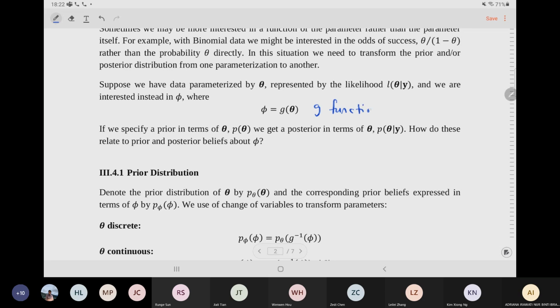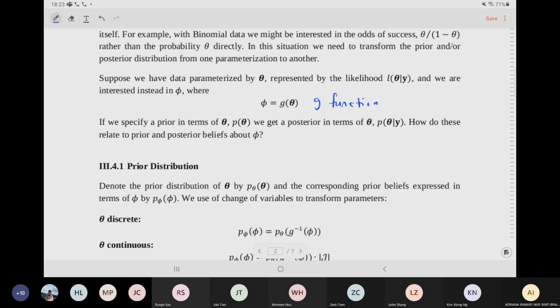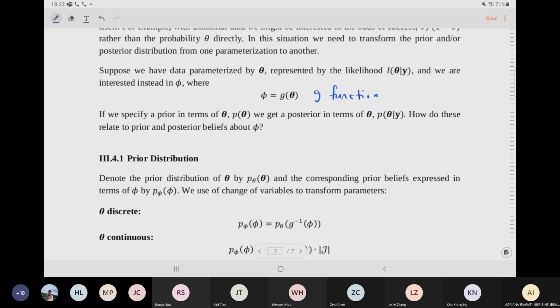If we specify a prior in terms of theta, we get a posterior in terms of theta given y. So what will happen to the prior and the posterior about phi? If you have a function of theta, phi, what will happen to the prior and posterior if we transform from theta to g of theta, which is your phi?